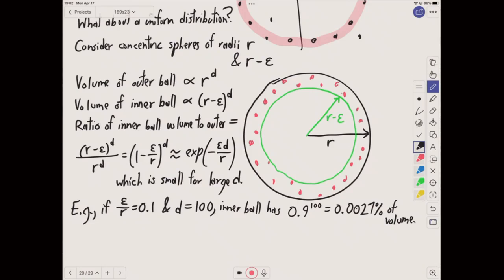So again, the inner green ball has only 27 millionths of the volume of the outer ball. A tiny, tiny amount. So again, I hope you agree that that's kind of counterintuitive. Why would it be that in high dimensions, that green ball that is 90% the radius of the black ball has virtually no points inside it?